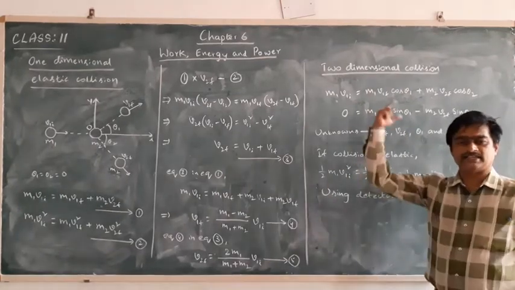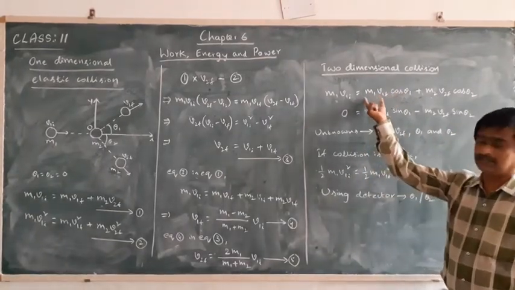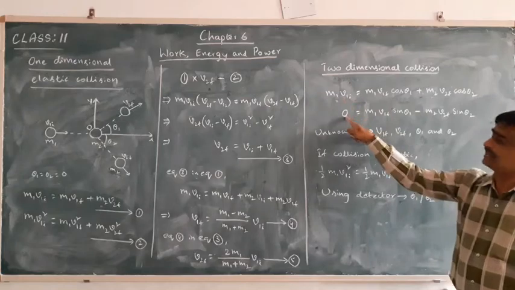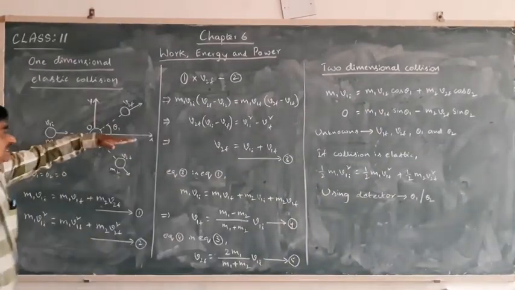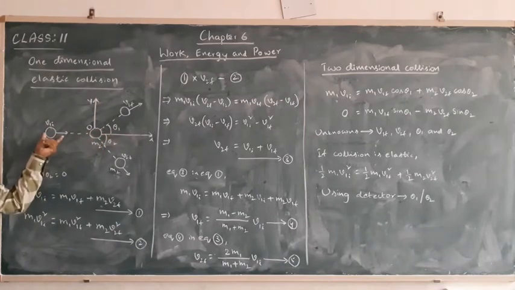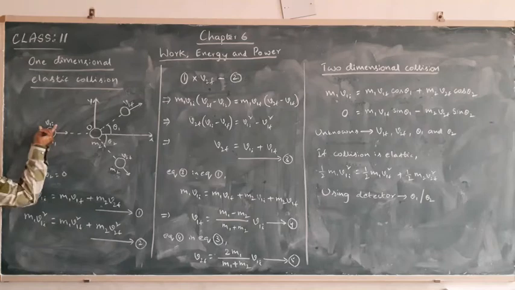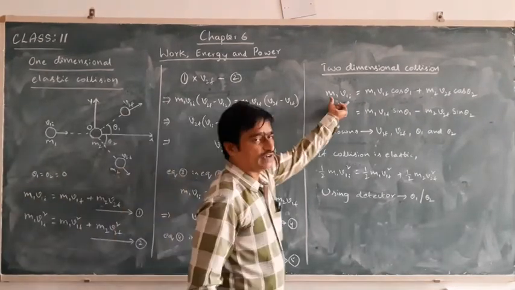Then, by applying conservation of momentum, we can get two equations. That is, see, this is the y direction, this is the x direction. Before collision, the momentum is m1 v1i for the first body.